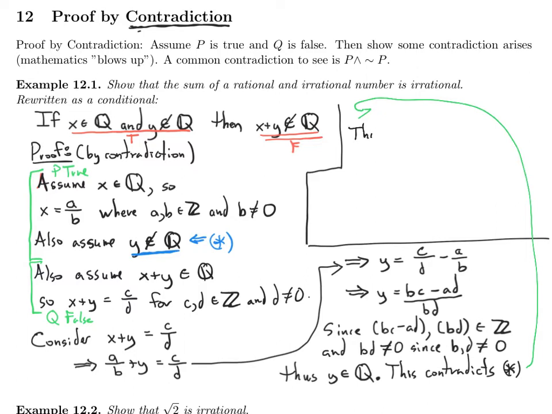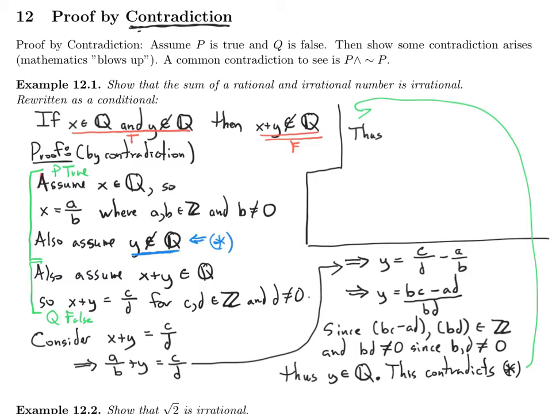Thus, well, let's think about it. When we assume the if part is true and the then part is false, we were in the dreaded row, we showed that that can only be the case when y is an irrational number and y is a rational number. So there's our contradiction. We have both y is rational and irrational. So that just never happens.